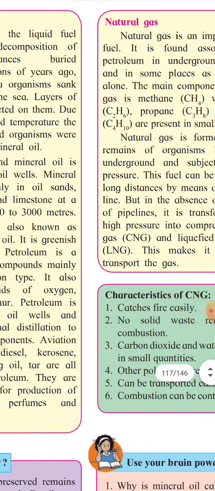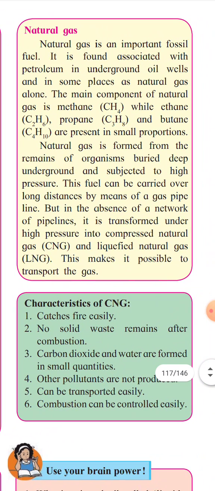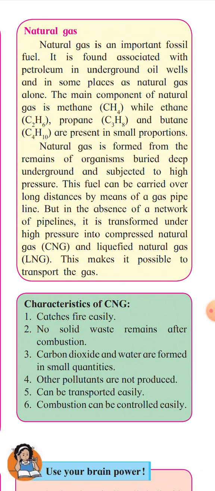Now, natural gas. Natural gas is an important fossil fuel. It is found associated with petroleum in underground oil wells and in some places as natural gas alone. The main component of natural gas is methane, CH4.